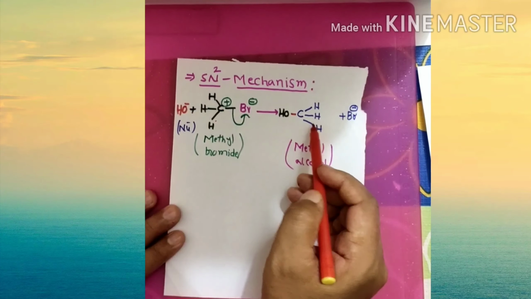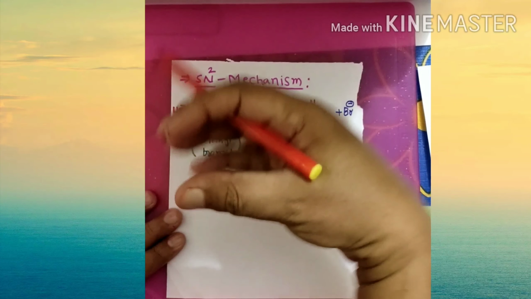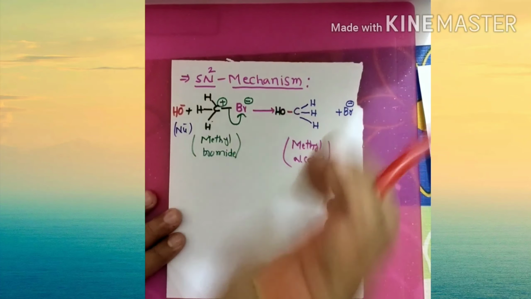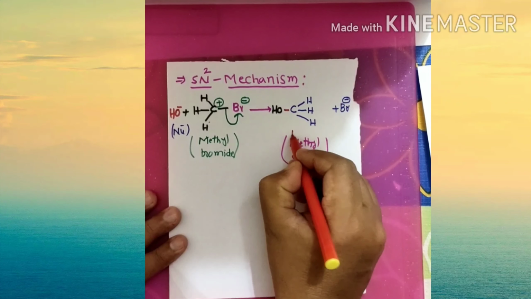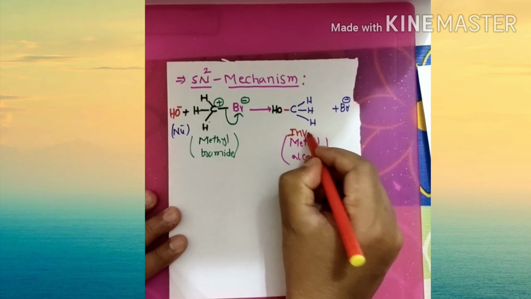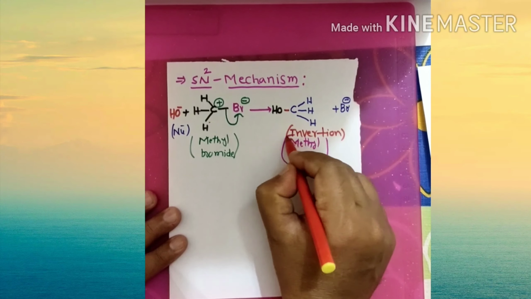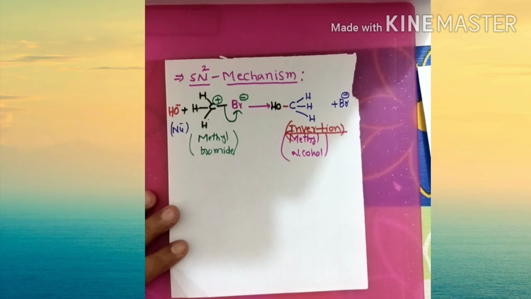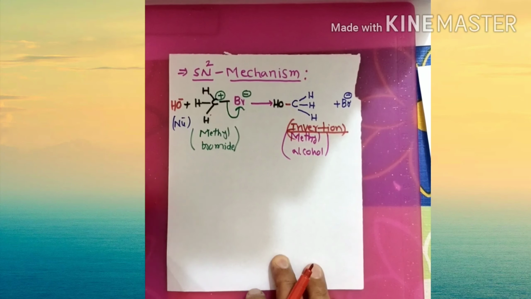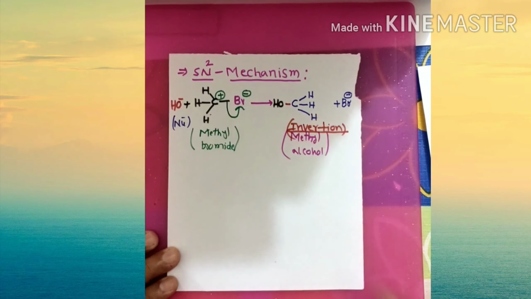And inversion means this side to this side, inversion of configuration will take place. Inversion means ulta. Inversion of configuration will take place. This is how it will be. So it is a single step.